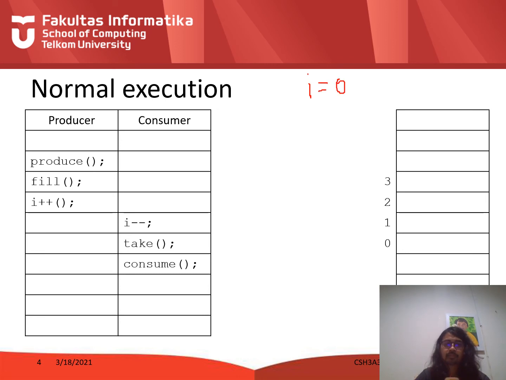So for example, the producer produces a number, for example 1, and then it fills the buffer. This is the buffer here. Because I is 0, it means it will fill the member number 0 with 1. And then I is incremented. So now I equals 1.